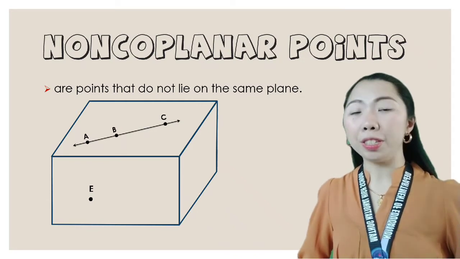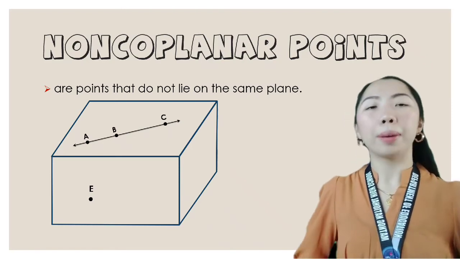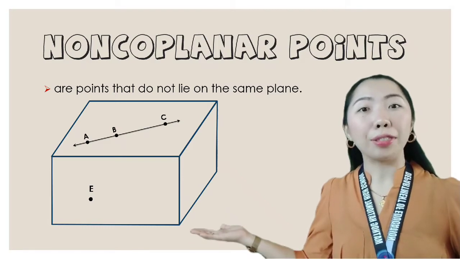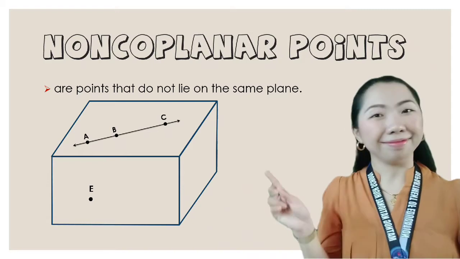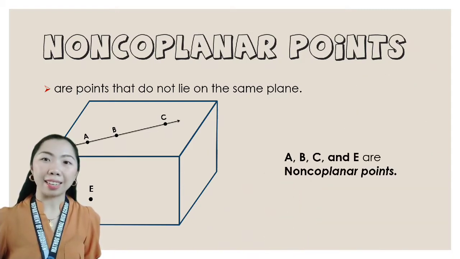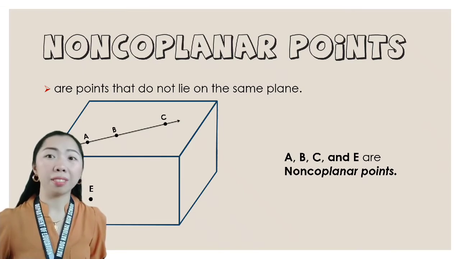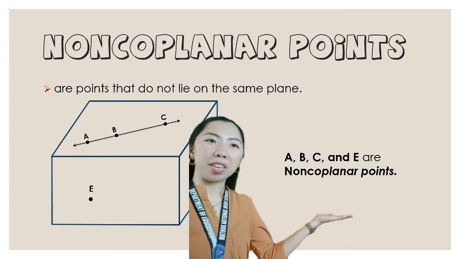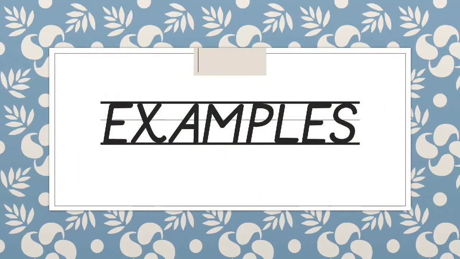Yes, points B, A, C, and E. But the question is, are the points lying on the same plane? Points A, B, and C, yes, they lie on the same plane, but not E. Therefore, A, B, C, and E are non-coplanar points.